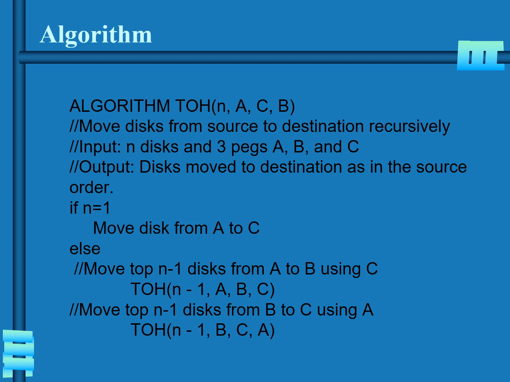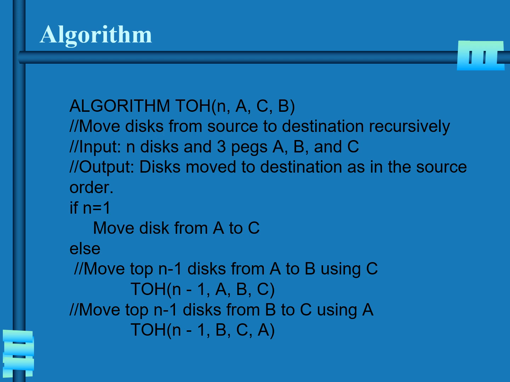So n minus 1, comma A, comma B, comma C. Now look at this, the order has been changed. This function will be called recursively, and whenever n is equal to 1, again you are moving from A to C. So first you have moved n minus 1 disks from A to B, then you are moving the nth disk from A to C, then the call will come here.